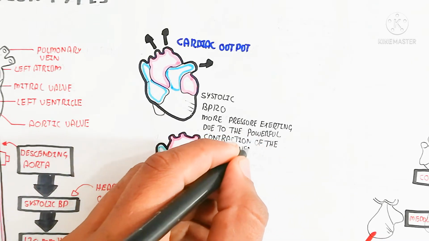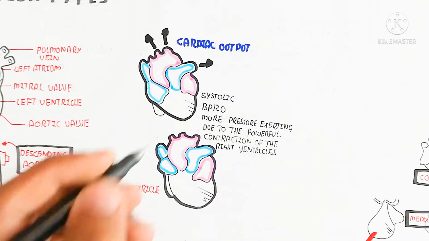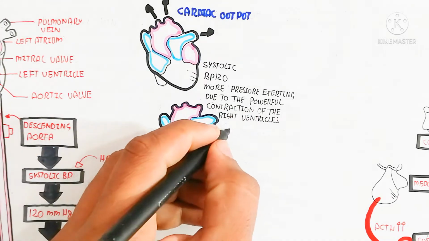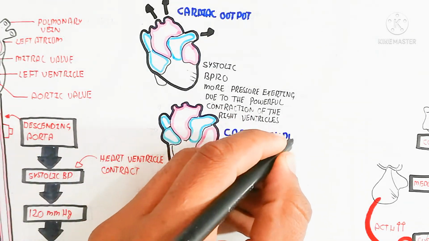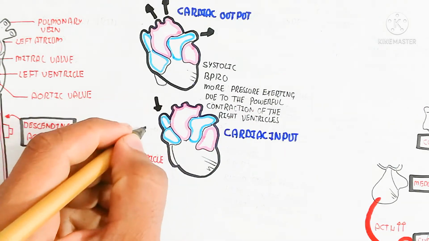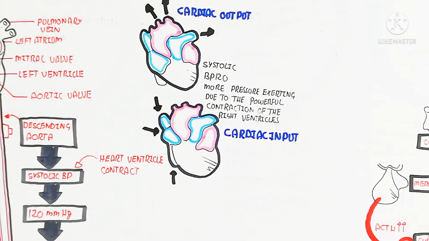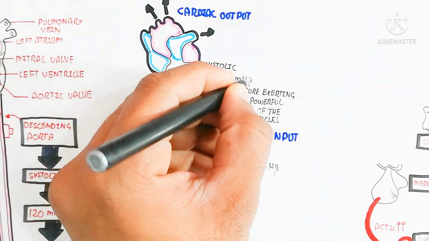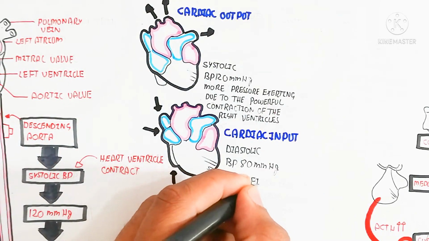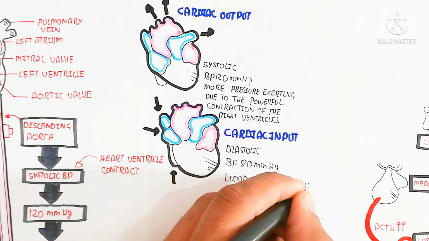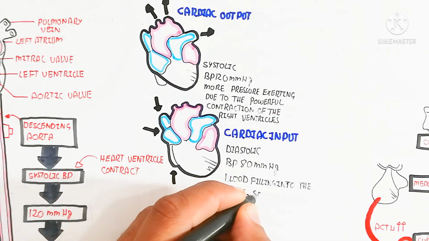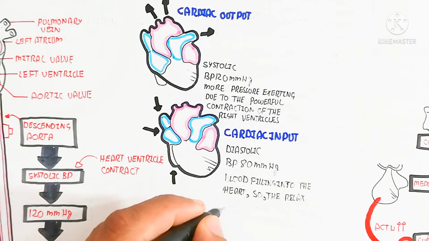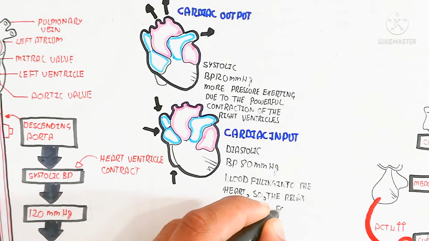On the other hand, cardiac input is the diastolic blood pressure, 80 millimeters of mercury, which is blood filling into the heart, with relaxed heart valves for filling both ventricles. So cardiac input is basically the blood filling the heart.